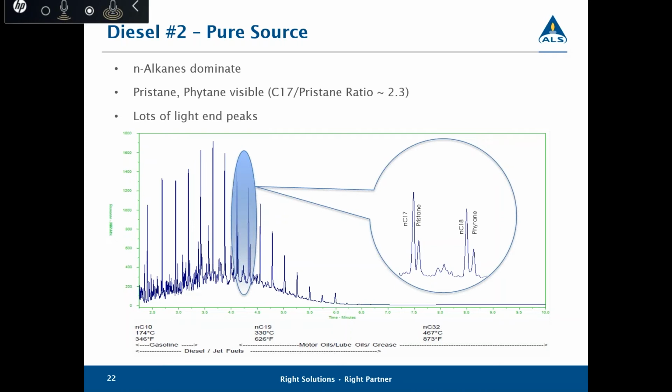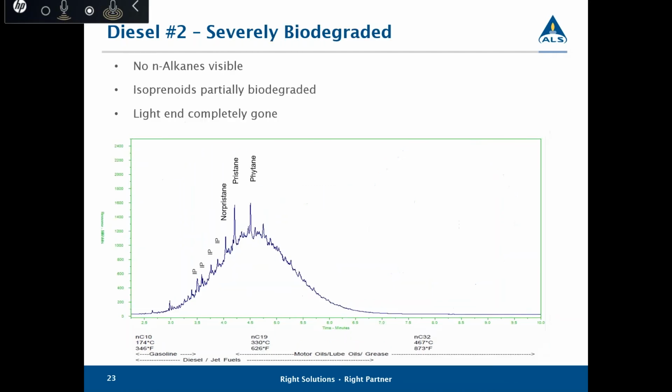Those are the branched alkanes. And as you move farther, the branched peaks get a little smaller. So typically in the pure source, the fresh source, the ratio of C17 to pristane will be around 2 to 1.